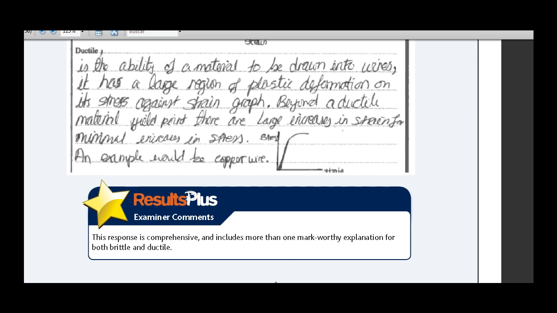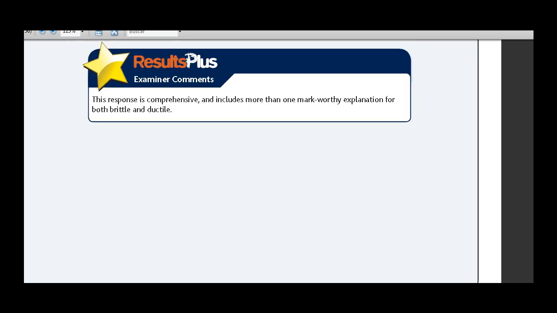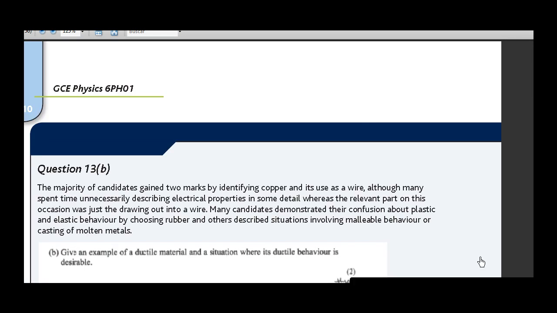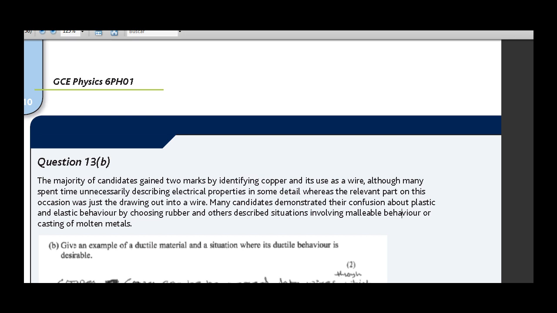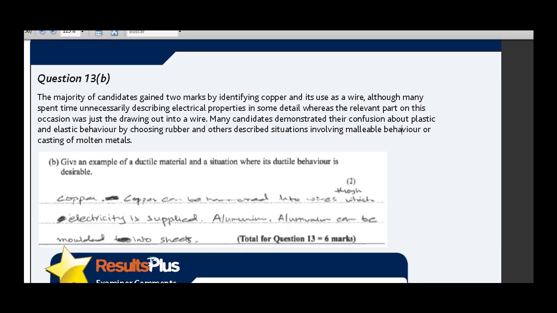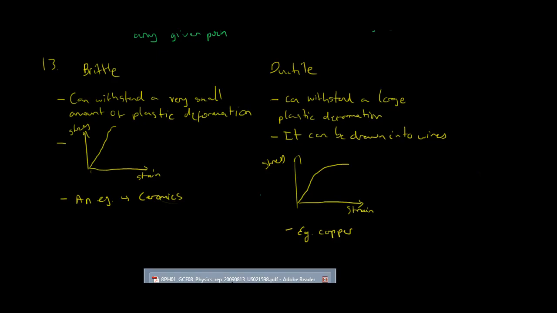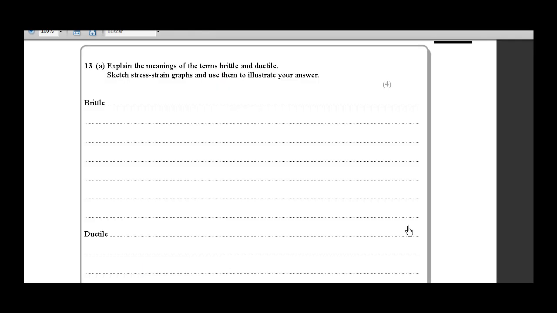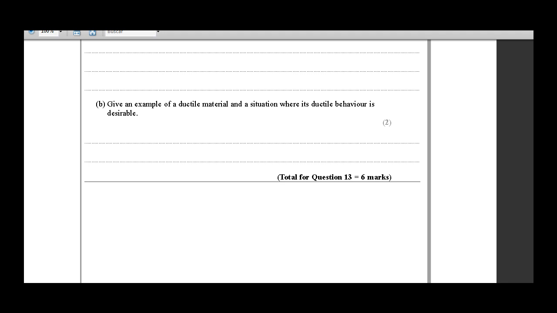Okay, let's go to the next question. It says, give an example of a ductile material and a situation where its ductile behavior is desirable.